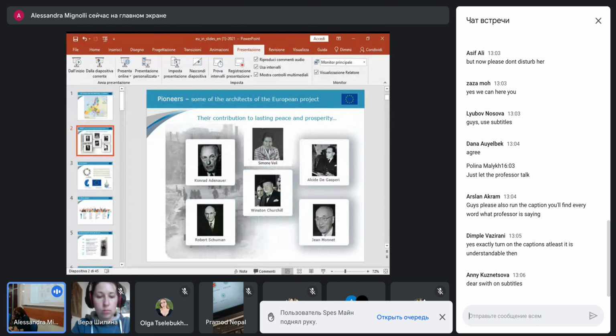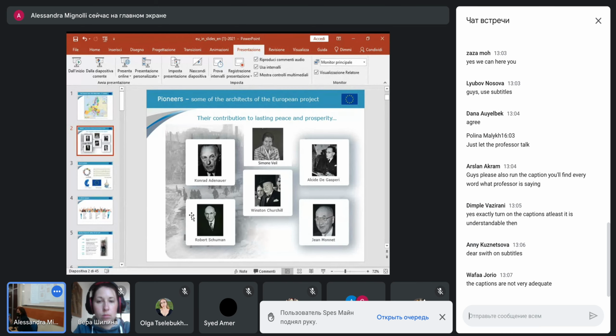Then here it shows you a few personalities that we can consider important for the development of EU integration, and we will read now immediately the Schuman Declaration, the declaration that was made public by Robert Schuman, who at the time was the Minister of Foreign Affairs of the French Republic, on May the 9th, 1950.